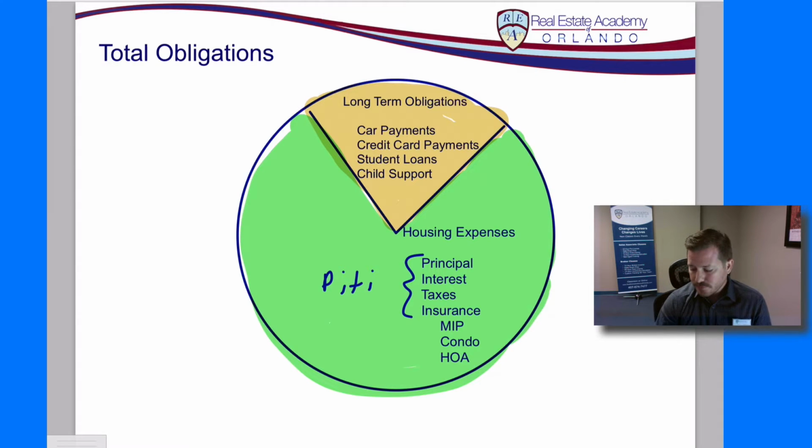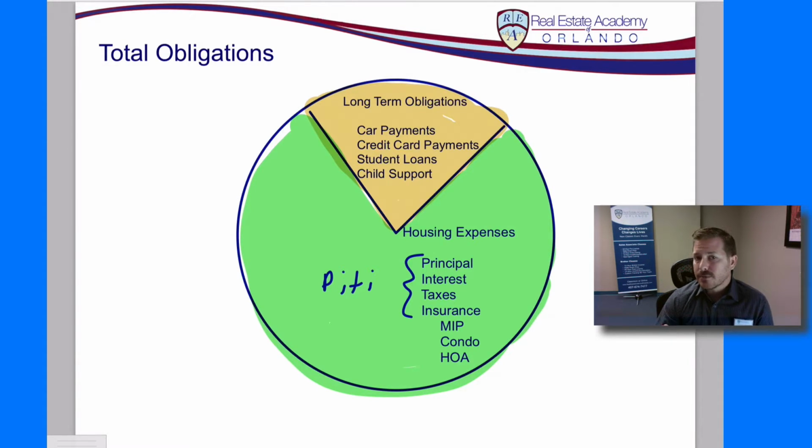On top of the housing expenses, we also add in the long-term obligations. The lenders will call this the LTO. The LTO is what we're going to find on your credit report. So these are things like car payments, credit card payments, student loans, child support. Anything that's a long-term obligation that you pay over time and shows up in your credit report would be part of this.